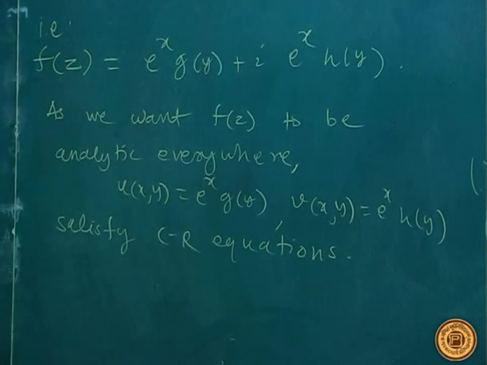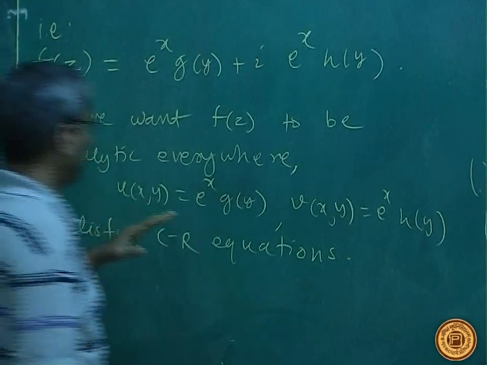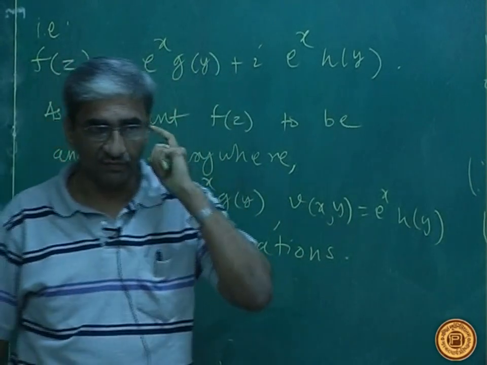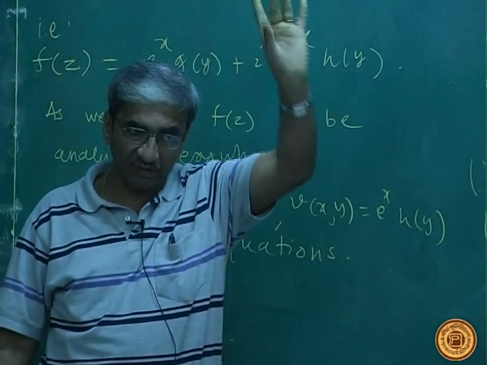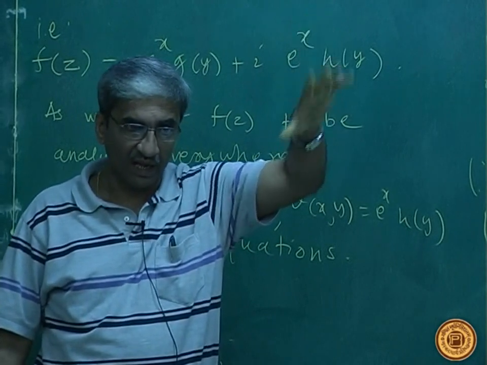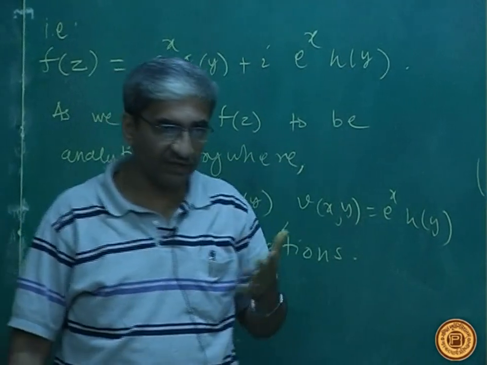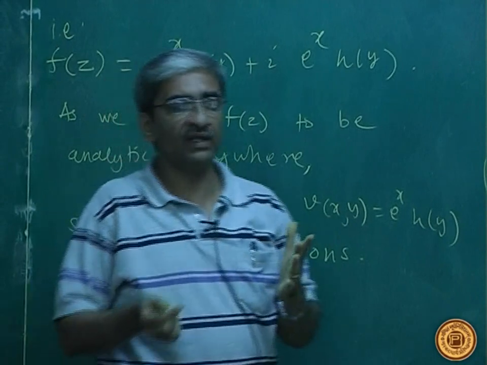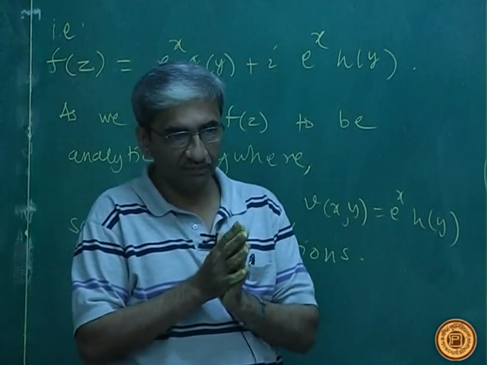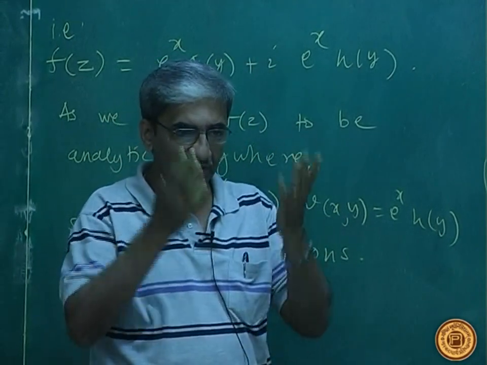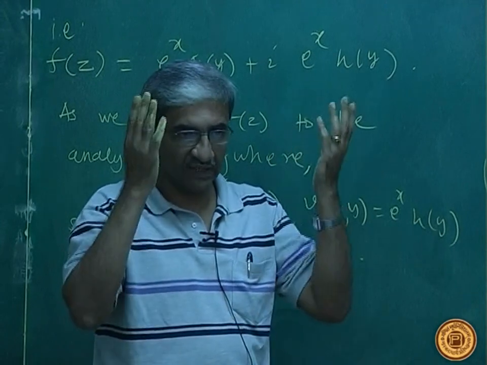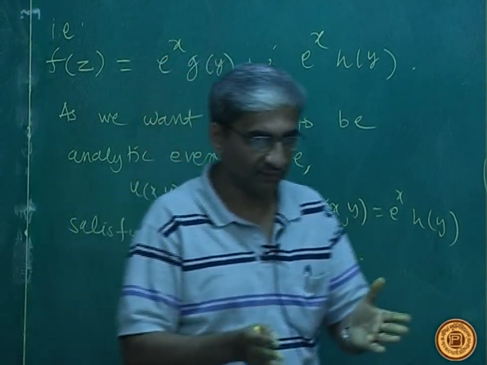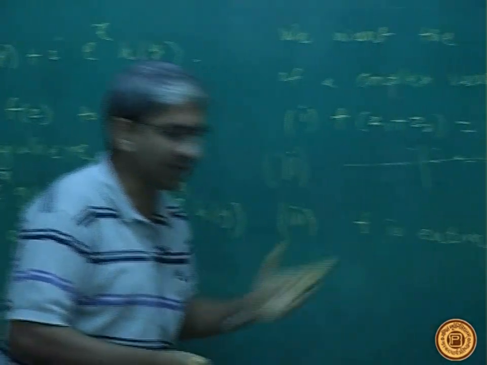Do you understand this? We want f(z) to be analytic. Remember, f(z) is going to be the exponential function. Do you understand our standpoint? We want to define the exponential function of a complex variable, but we are saying that our function f, which is going to be the exponential function, should have these three properties.